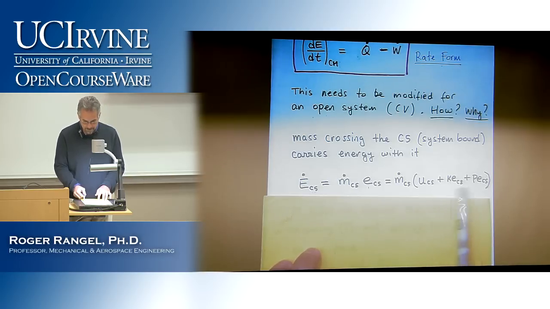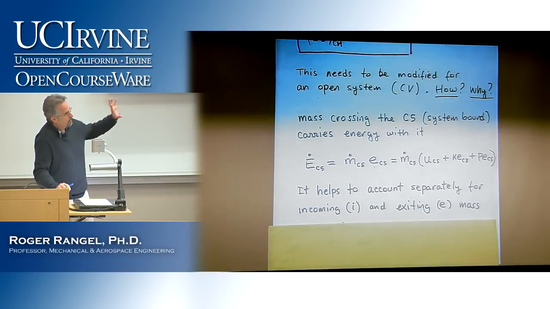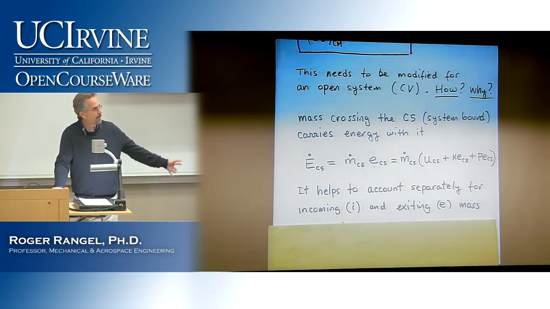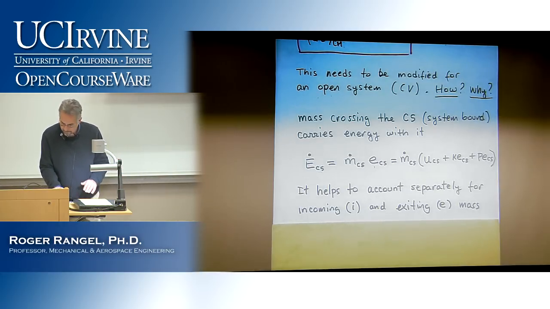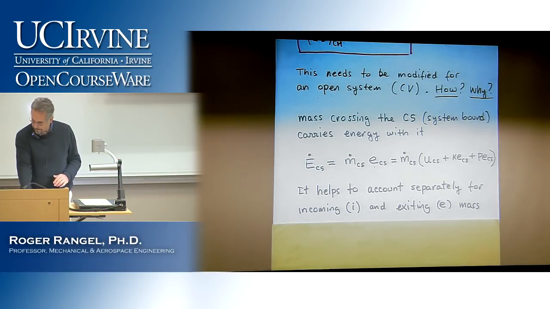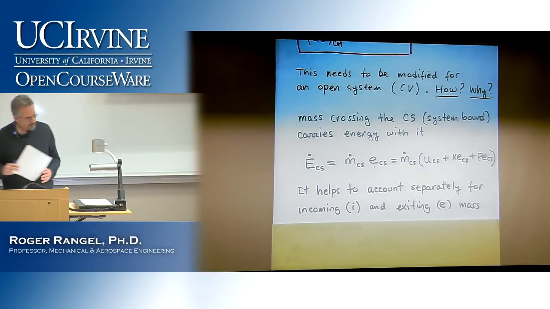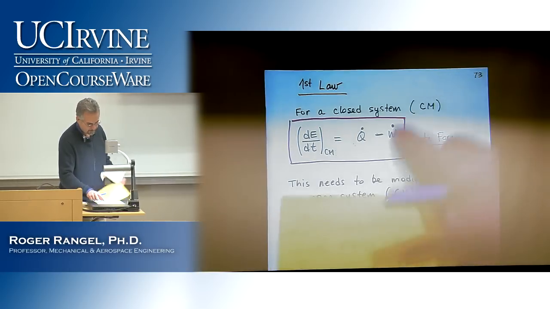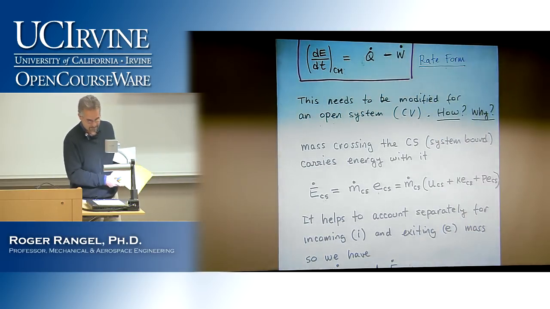But there could be kinetic energy, there could be potential energy. So we do it, of course, separately. So we write a term for the mass that is going in and a separate term for the mass that is going out. So we take this equation and add all these things.